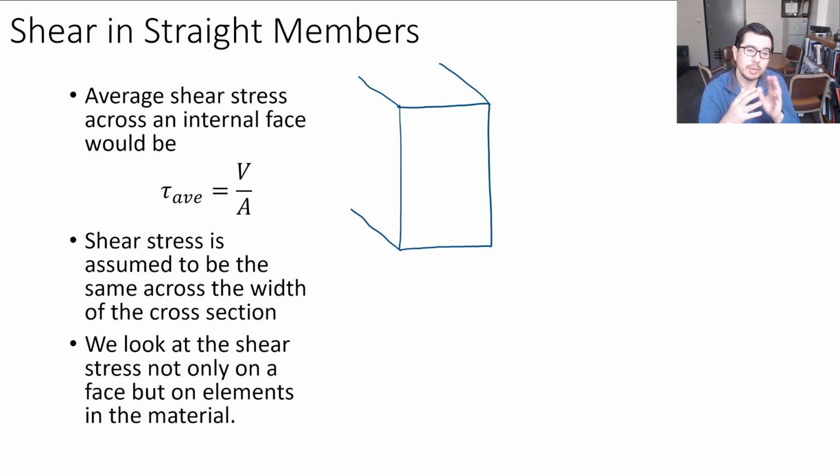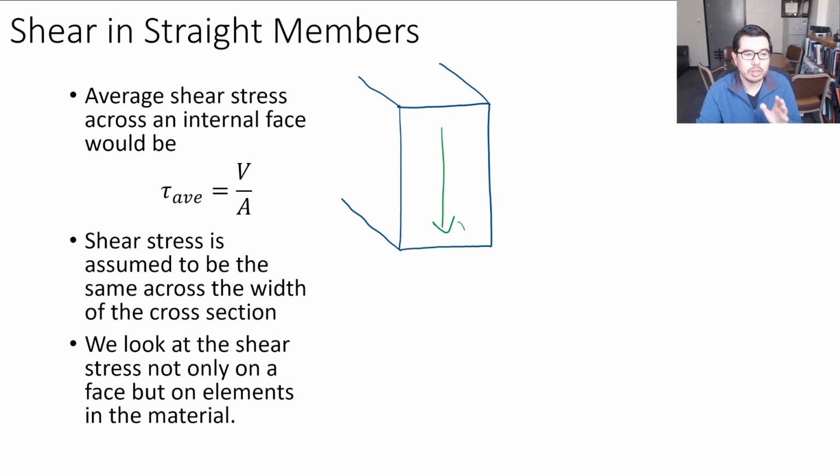And when we come up with relationships for the maximum shear stress across a face of a beam that we've cut, and thus the maximum transverse shear stress being in the longitudinal direction and at the neutral axis, we often come up with relationships related to this average shear stress.